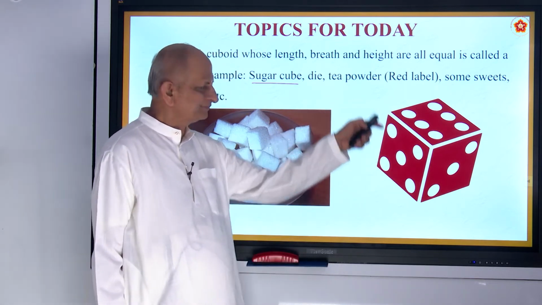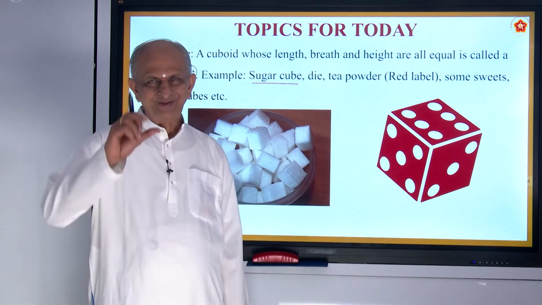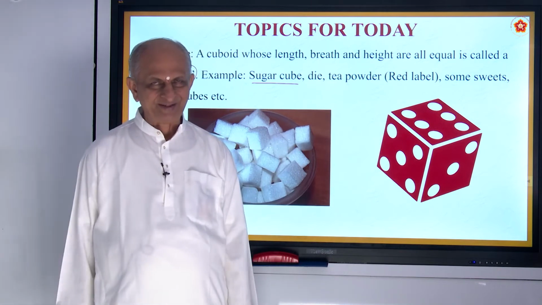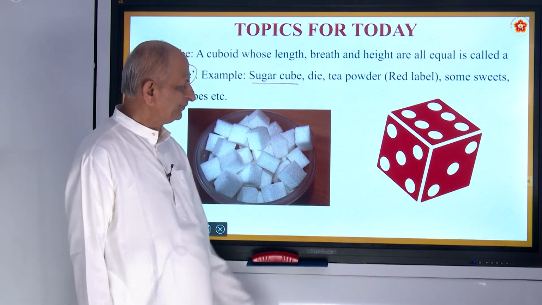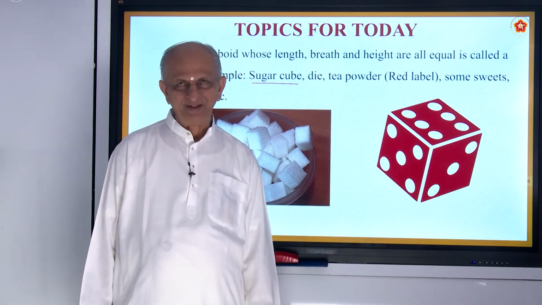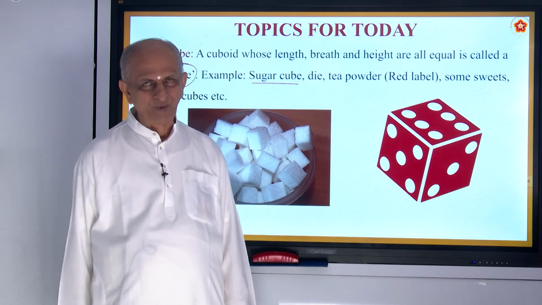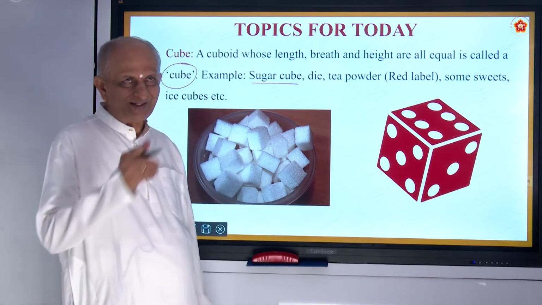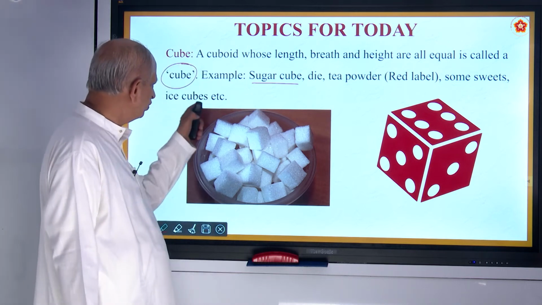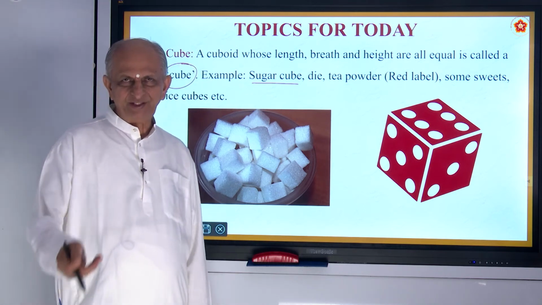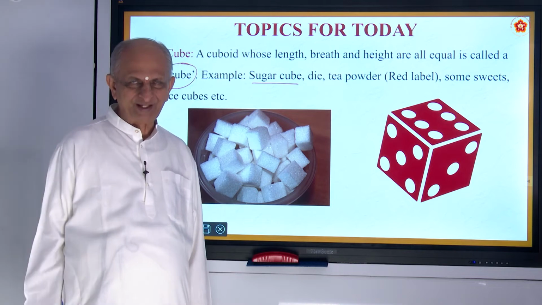And tea powder, red label, what you call it, that is cubical in shape. Some sweets are there. For example, there is a sweet called halkova, a white color sweet. And also there will be ice cubes. If you see the refrigerator, there will be ice cubes, correct?